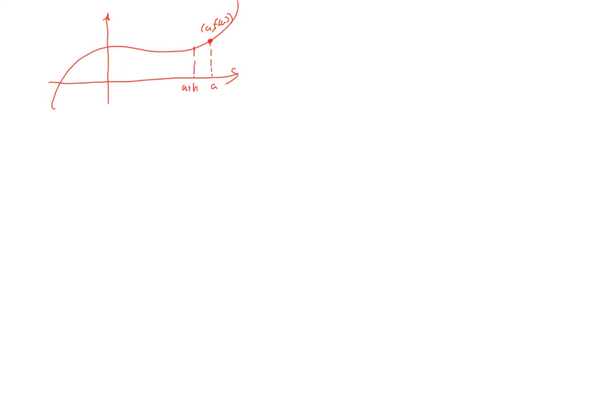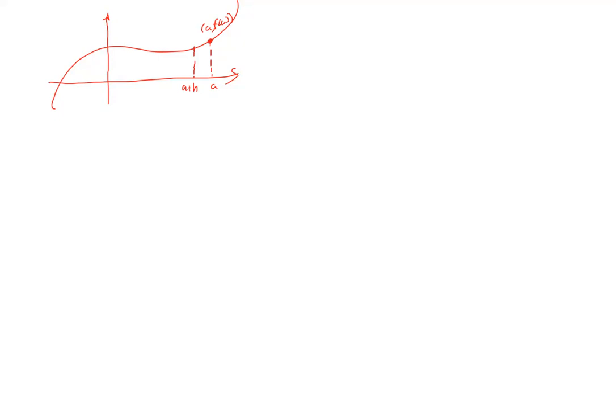So the idea is that we add a small amount to a. And if that small amount h is less than 0, then the point will be on the left of a, the way that I drew it right here. If that amount is greater than 0, then the point will be on the right of a.